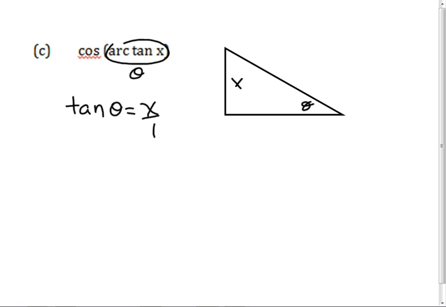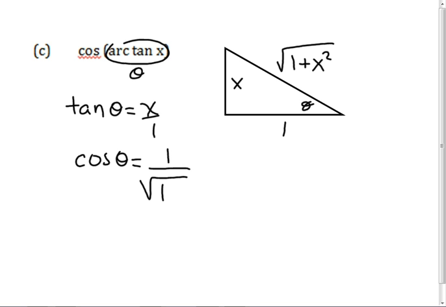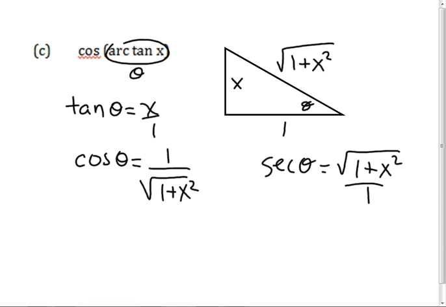So this is x, then this is 1, and this is the square root of 1 plus x squared. So what's the cosine now of my angle? 1 over square root of 1 plus x squared. What's the secant of my angle? Remember what a secant is? It's the reciprocal of that. Remember secants? Because we're going to run into it.